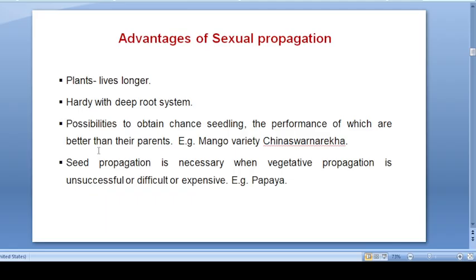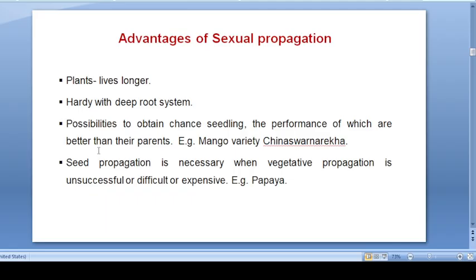And the crops which are propagated through seeds, especially the fruit crops, will have a deep root system. And there is one more advantage in fruit crops, that is we can get chance seedlings through seed propagation.